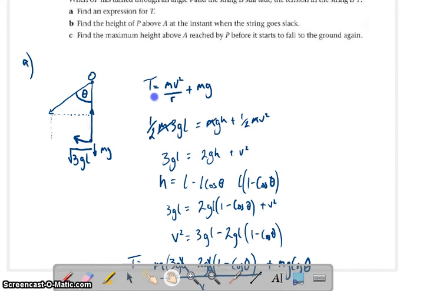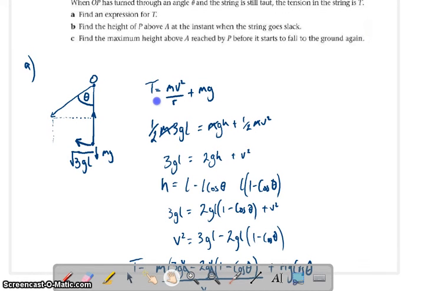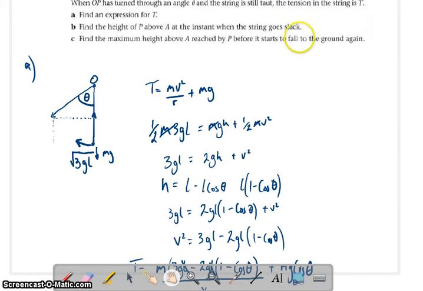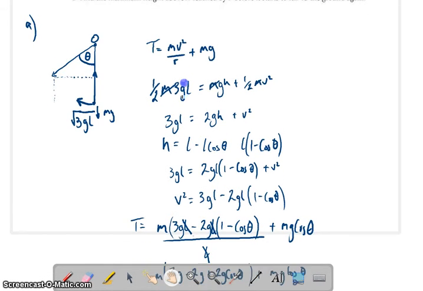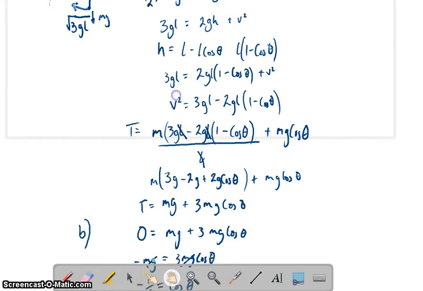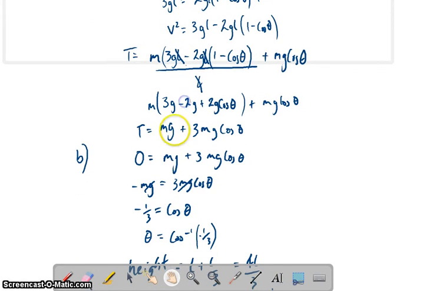So, find the height of P above A at the instant when the string goes slack. The string will go slack when the tension is equal to 0, when there's no tension in the string. So at a certain height, the velocity from the centripetal acceleration just isn't going to be enough to keep a tight string. The point where tension equals 0 is this.